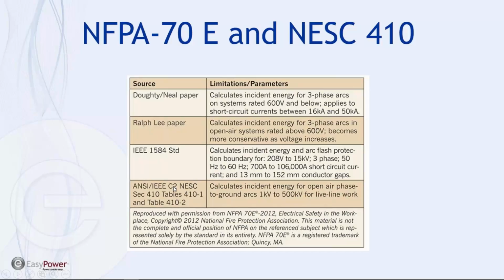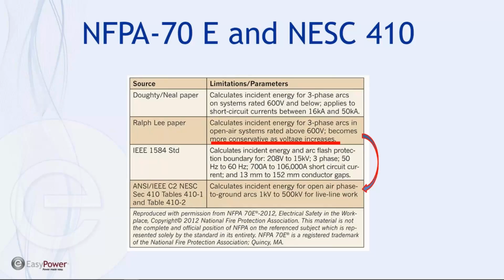This table itself has kind of migrated, and so one of the things that this chart calls out are the areas where there's deficiency or concern about using any of these models in specific areas. And so one of the complaints about the Ralph Lee paper is it gets more conservative, which means it requires higher and higher incident energy, which requires more and more PPE, and consequently could make a situation more dangerous if we had to suit up to the level that's required or being suggested.